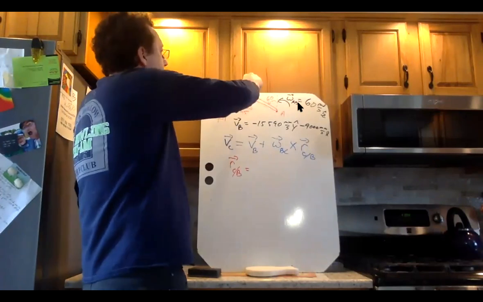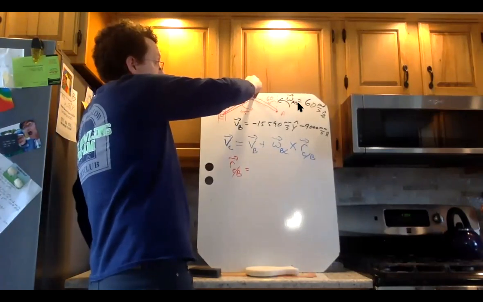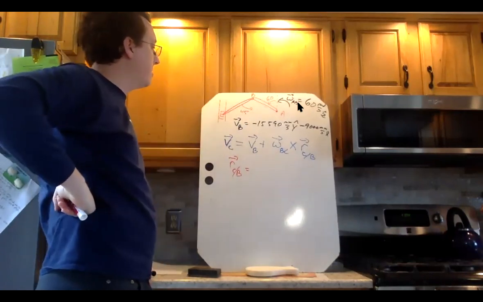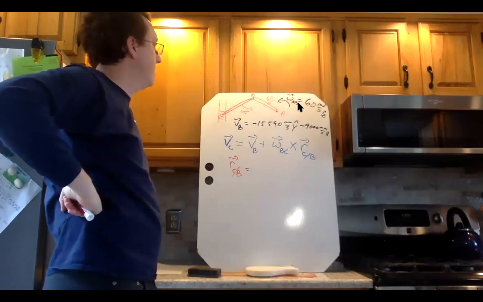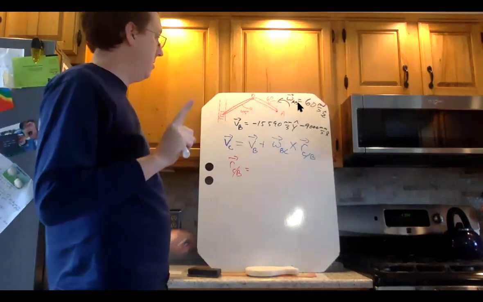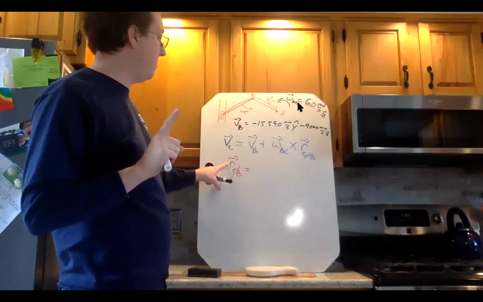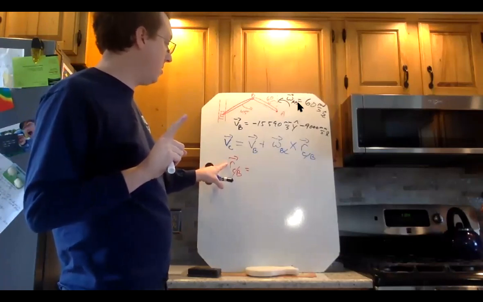So if you're standing at B, tell me about the position vector of C. Is it going to have a positive or negative x component? I think for the velocity of VC, it's going to be negative. We're not talking about V, we're talking about the position vector, RCB.